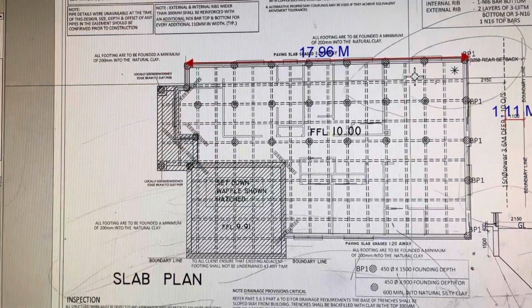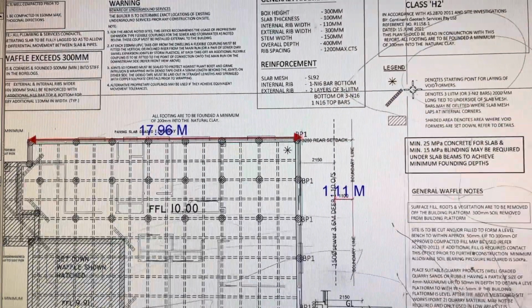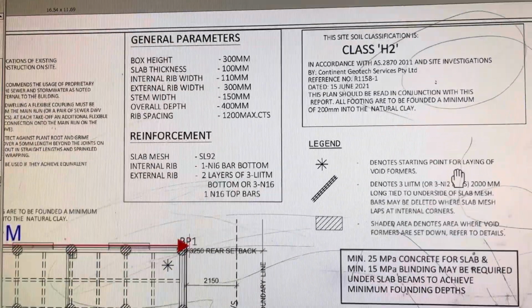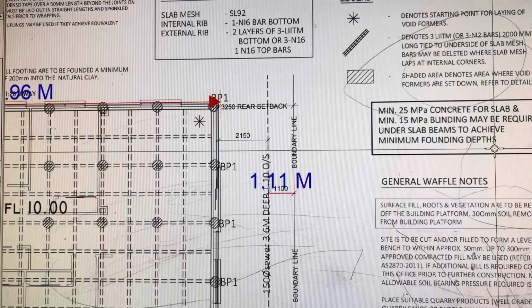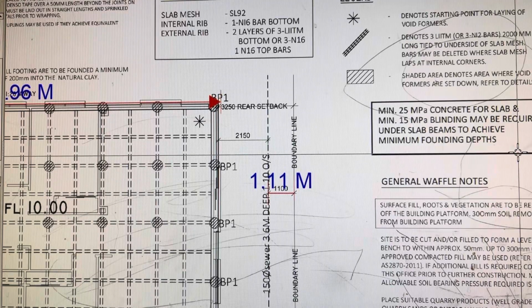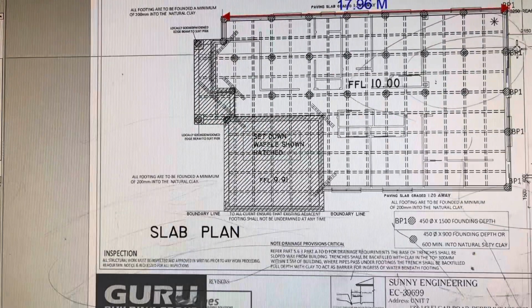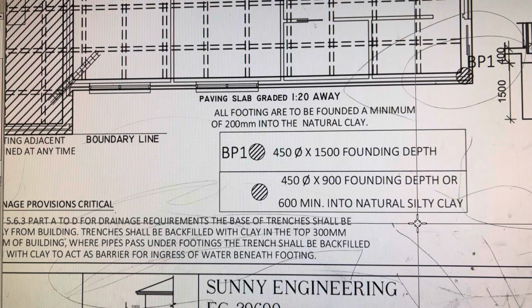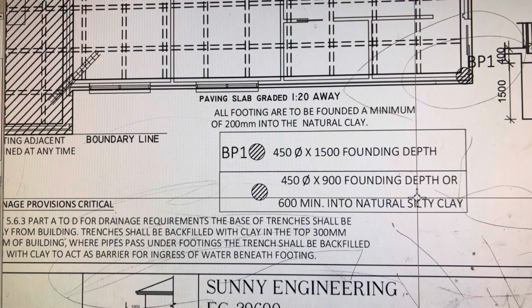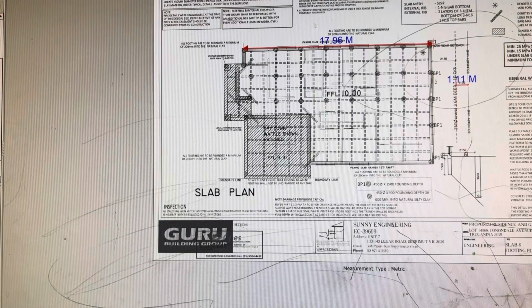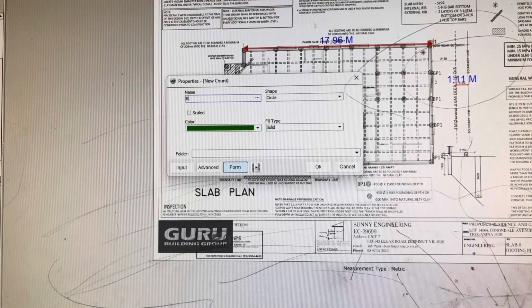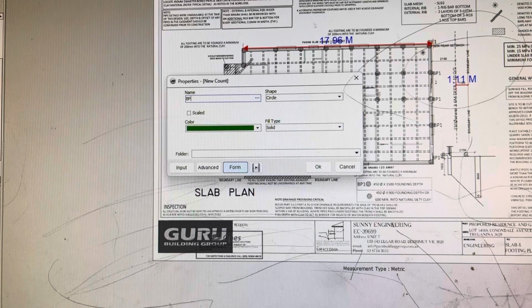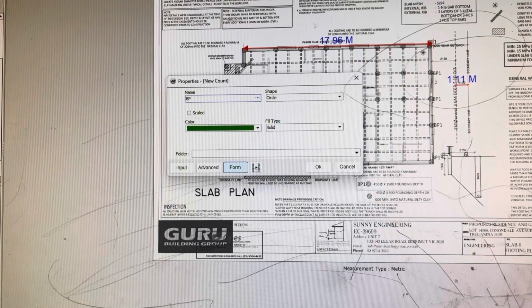So let's do the takeoff for these bored piers, which as per this drawing say 450 dia, and they are like 1500 mil deep. So PP bored piers.